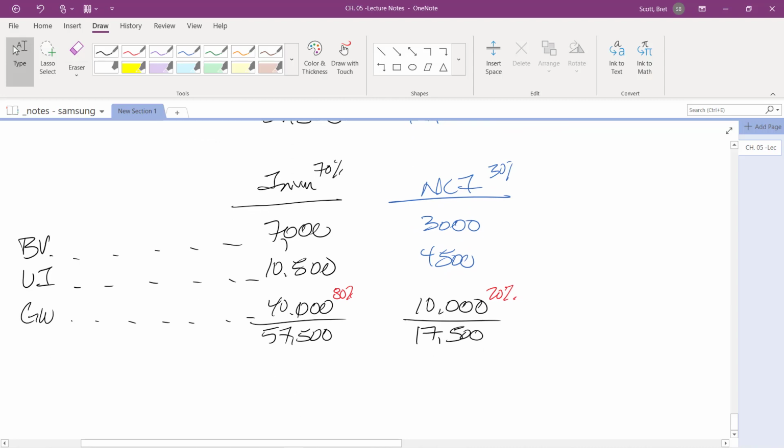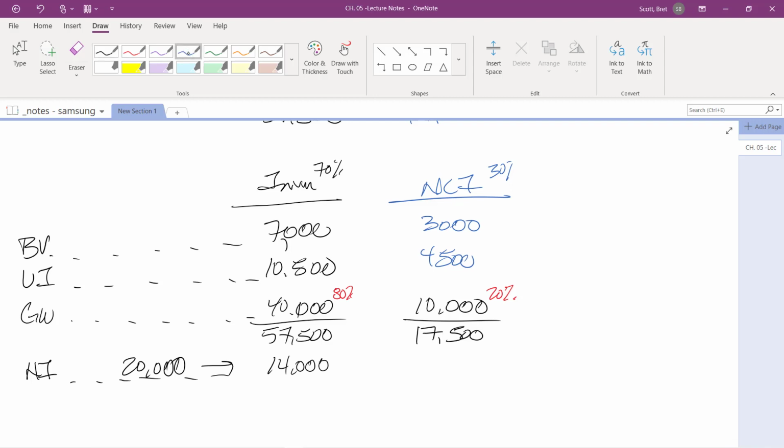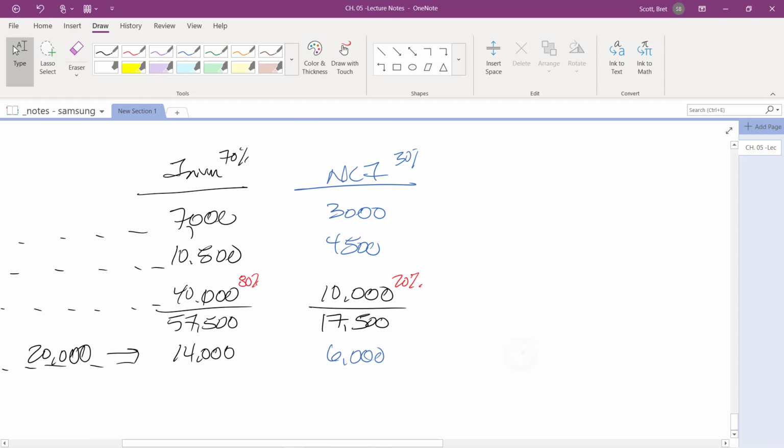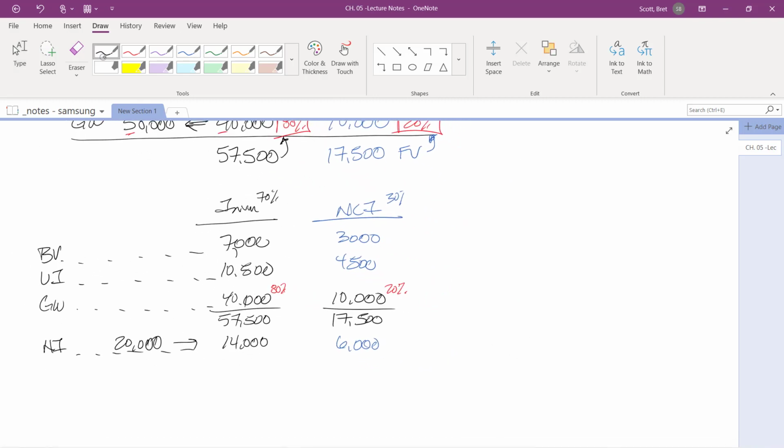Now let's assume that during the year there was net income of, I think I said, 20 million. So we'll allocate that across to our ownerships: 14,000 to me. How much to NCI? 6,000. Okay. And we have to be appropriate and show the other columns here.